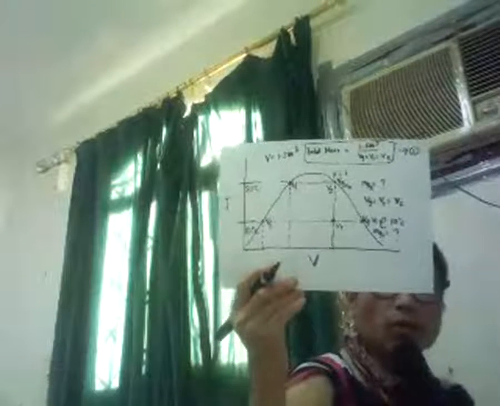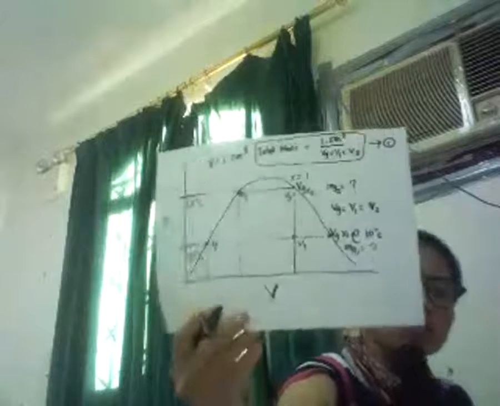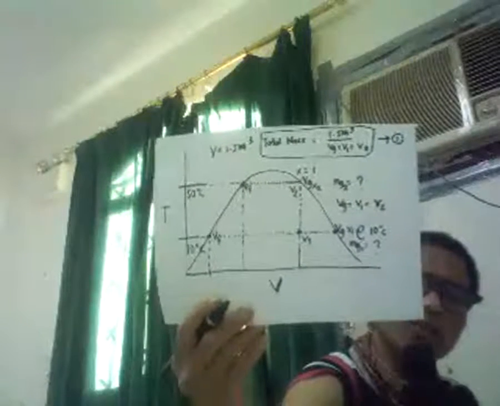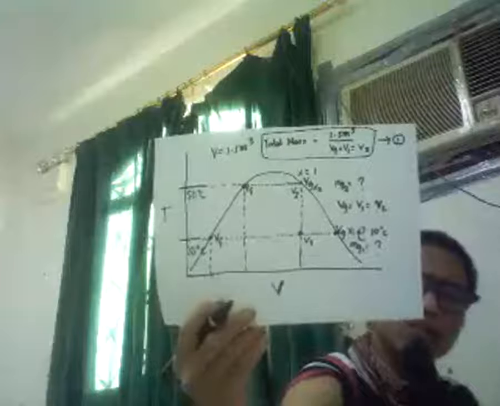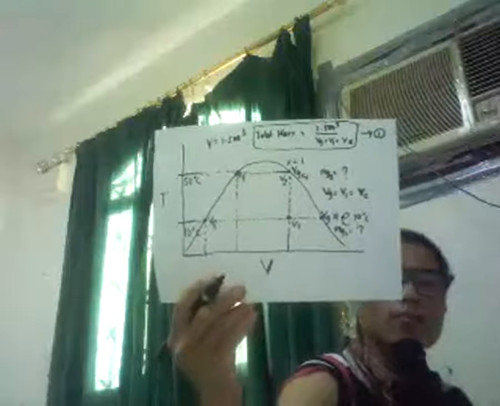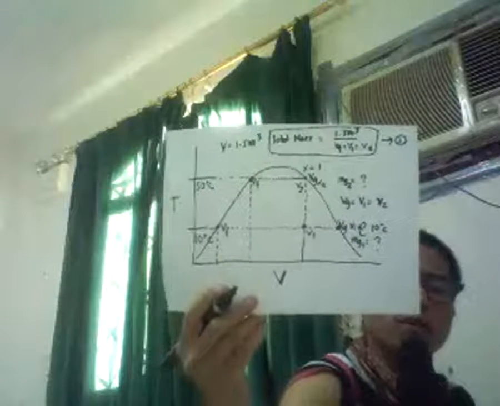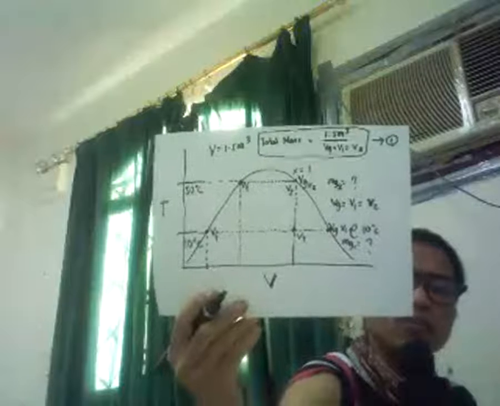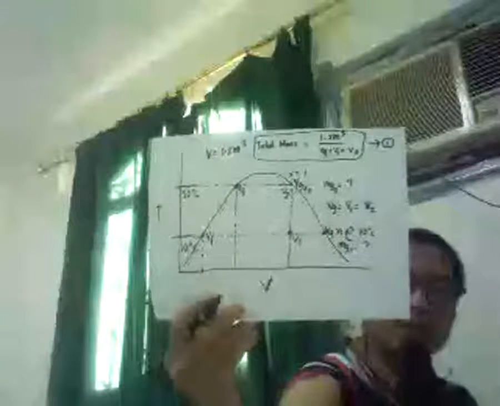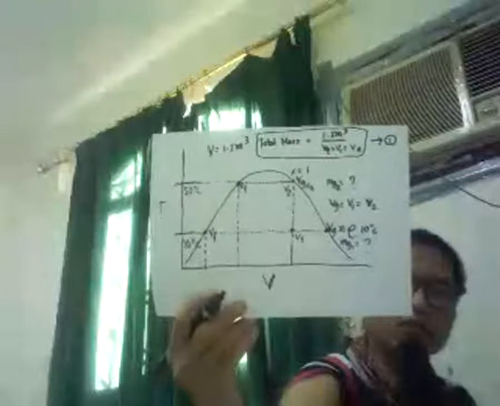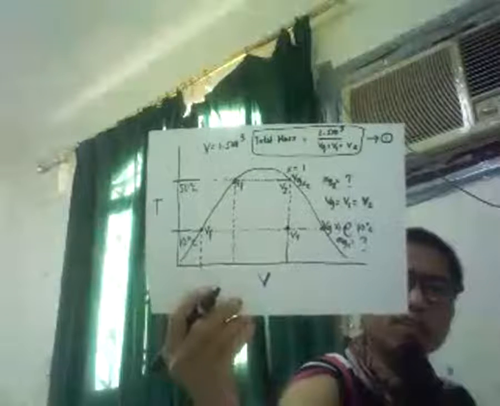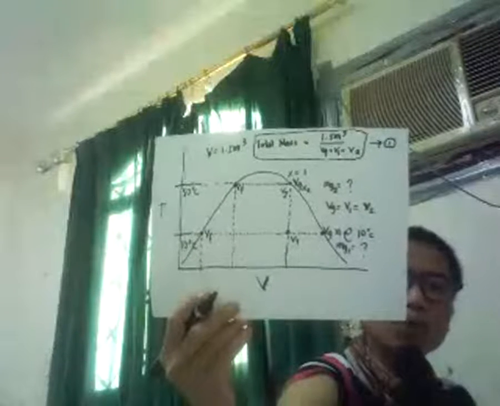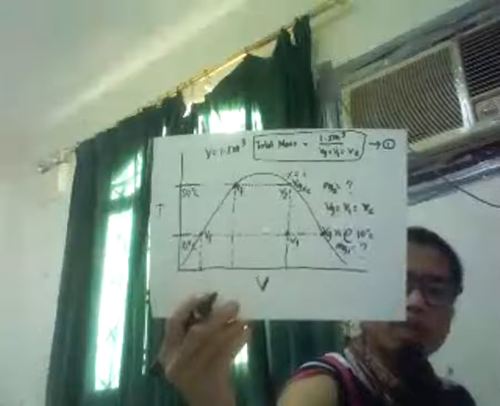Slope 1 is equal to slope 2 because this is in equilibrium stage in the liquid-vapor mixture during saturation. Class, if we speak about saturation problems, there will be an equilibrium stage between the liquid and the vapor. You don't have to worry. In most cases, it should be like this.